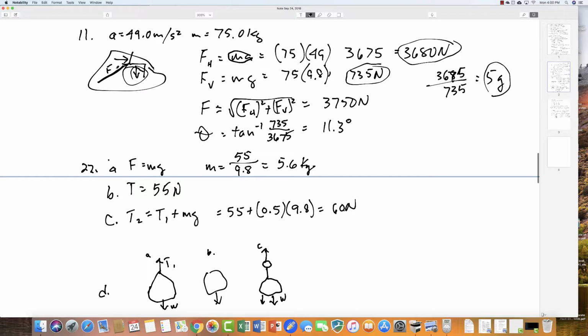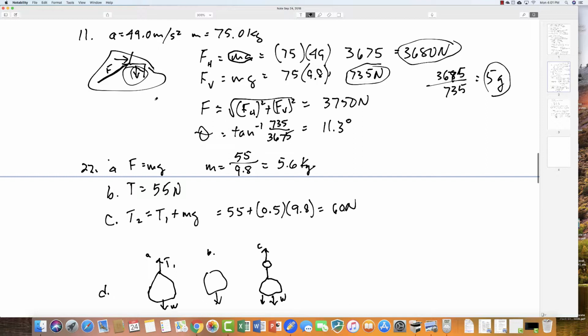Now, to calculate this total force, you realize that you have to use Pythagoras' theorem. F is equal to the square root of the square of the horizontal component plus the square of the vertical component. If you do the math here, you get 3750. And then also the vertical component represents the side opposite, and the horizontal component represents the side adjacent.